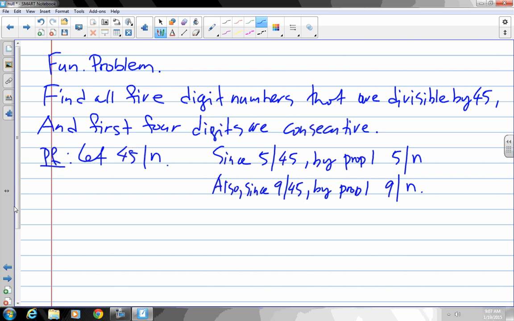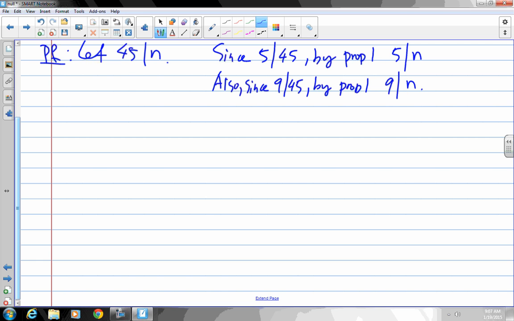So, what I can say now, let n equal ABCDE, with a little bar on top to show that it's not a product of A, B, C, D, and E. These are my 5 digits, right?